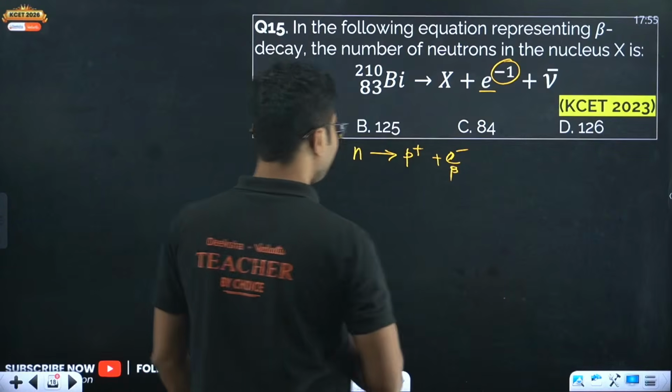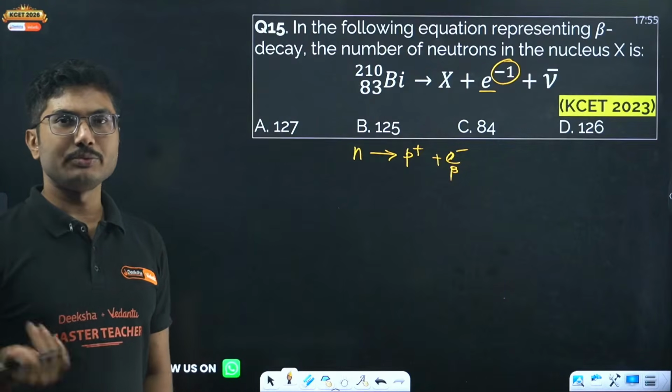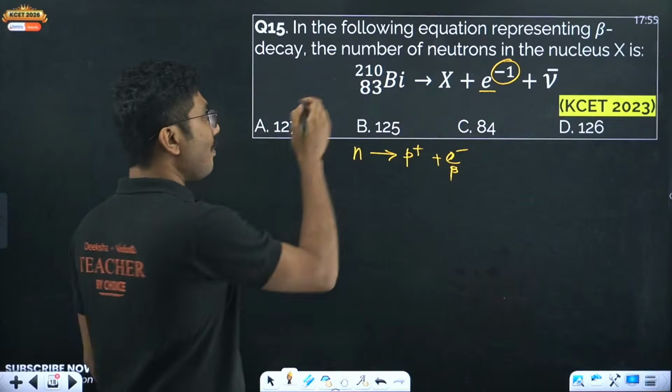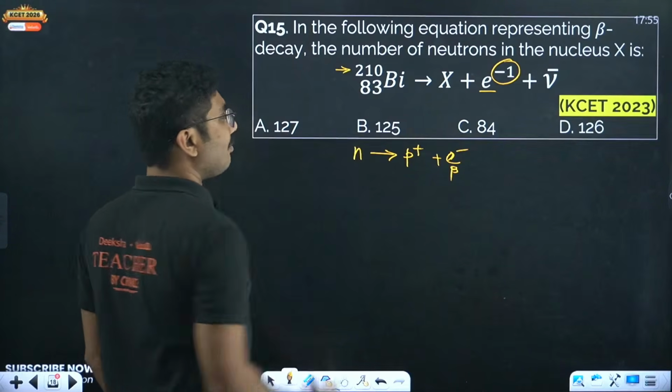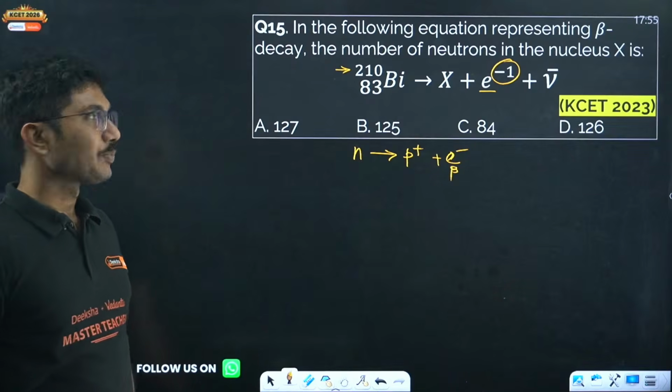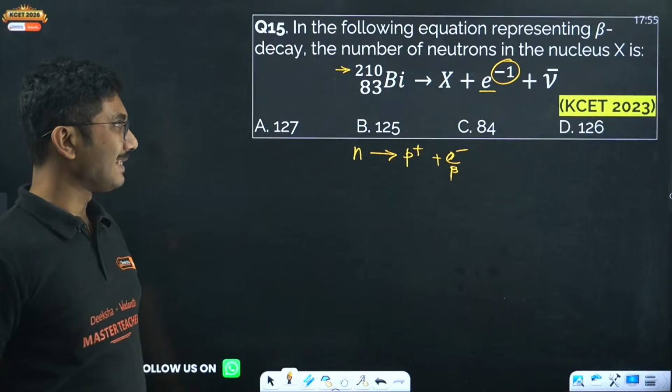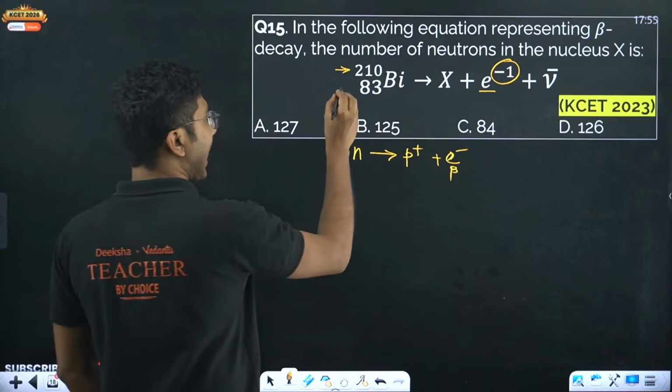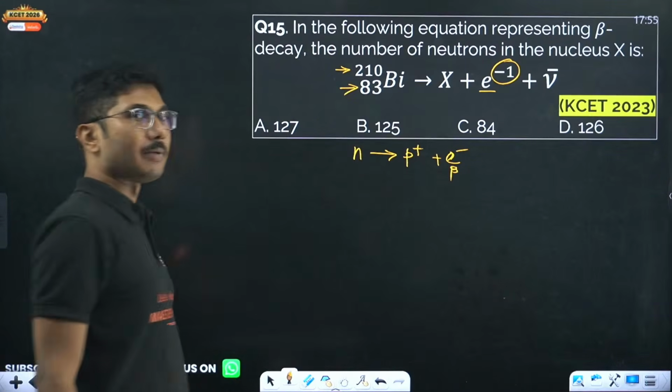So what happens when a nucleus undergoes beta decay? Its mass number remains the same, but its atomic number increases by 1.